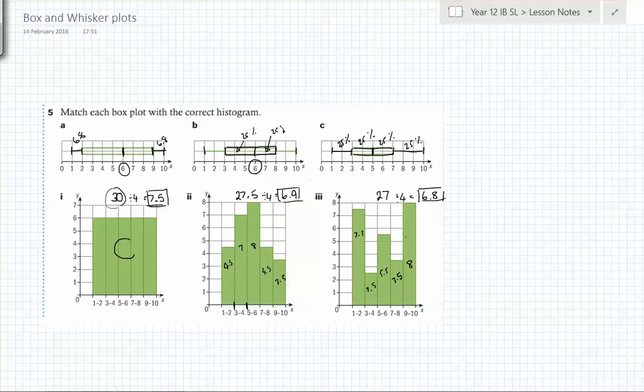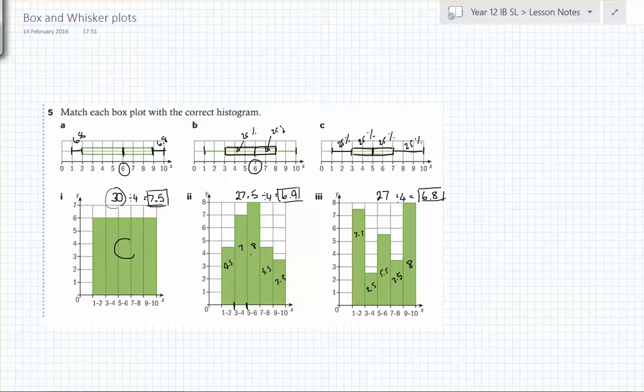And then because of all this low frequency in the middle, everything in the middle must be quite spread out over several groups. Yeah. So 5.5, 3.5, 2.5, there's not enough to make a whole 6.8 in one block, so it gets spread out over a couple of blocks. Does that make sense?